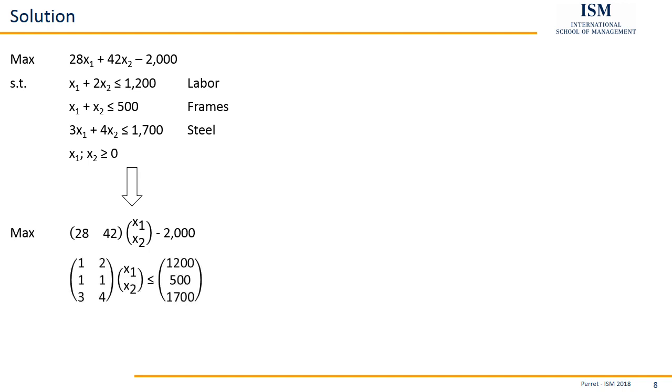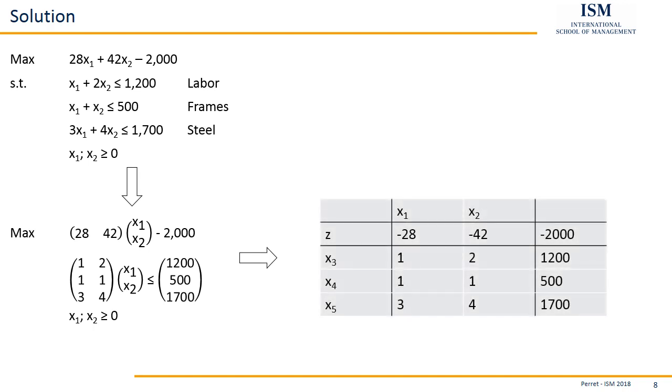The same thing goes for our constraints. Here we have a matrix on the left containing all the coefficients from the left side, and we have a vector on the right containing all our stocks. Then we have a last comment with x1 and x2 larger than or equal to 0. Again, this is a bit simpler as a notation, but we still go in a slightly different fashion when we work with our simplex. So we will again reformulate this a little bit to a slightly different looking tableau.